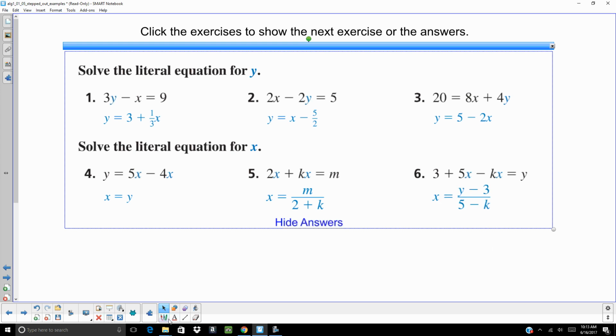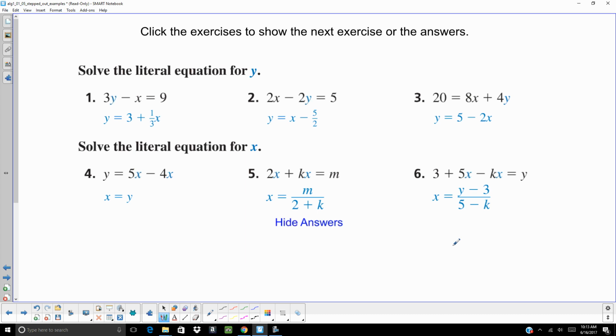I think the one that's probably the trickiest here is number 6. What I would do is start by subtracting 3 from both sides. You'd have -3. What happens are those 3's cancel, so you've got 5x minus kx equals y minus 3.